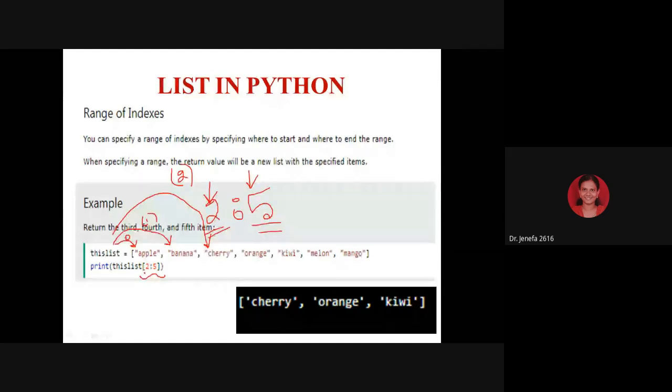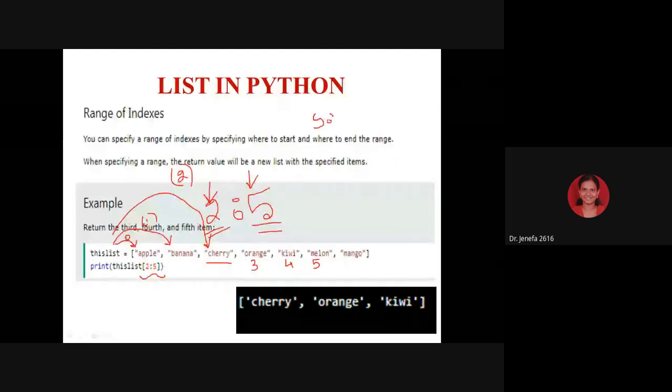List of 2 has the value cherry, the index number for orange is 3, for kiwi is 4, and for watermelon is 5.